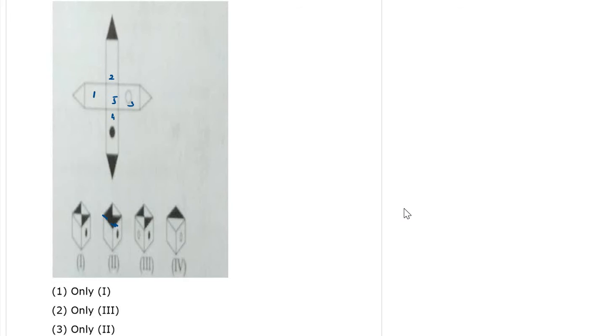So now we are considering the top portion. Just imagine it, 1, 2, 3, 4. We are folding these 4, and then what will be the figure of the top portion?